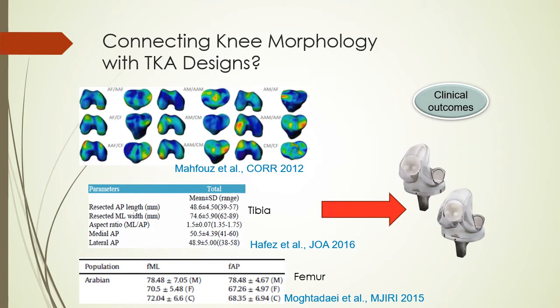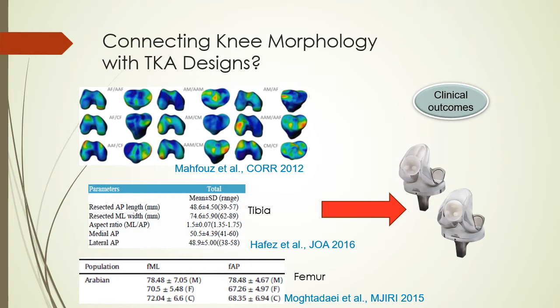While we understand how important implant fit is, the problem we want to solve is very complicated as well. As Dr. Mahfouz showed in this core study in 2012, if we look at different ethnicities and males and females, these F and M are female and male, and we have American, Caucasian, and Asian.